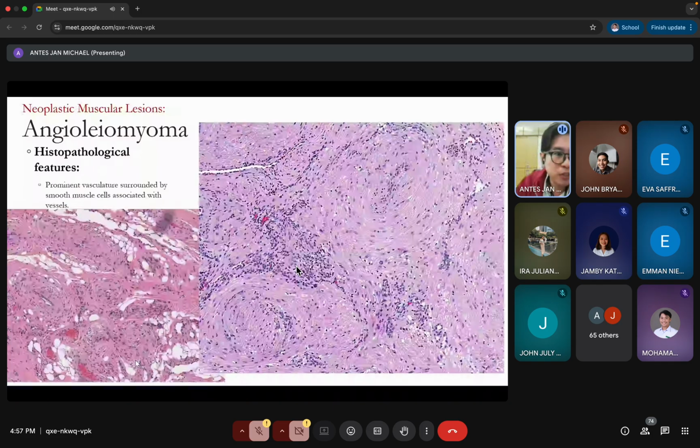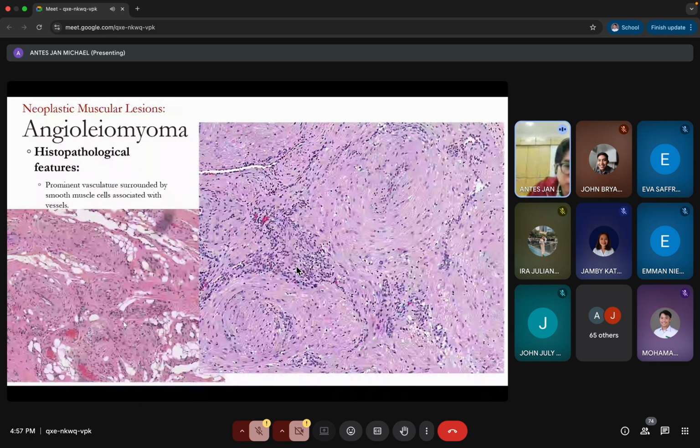So the histologic feature is a prominent vasculature surrounded by smooth muscle cells associated with the blood vessels. So it's very easy to diagnose this kind of lesion, the angioleiomyoma.